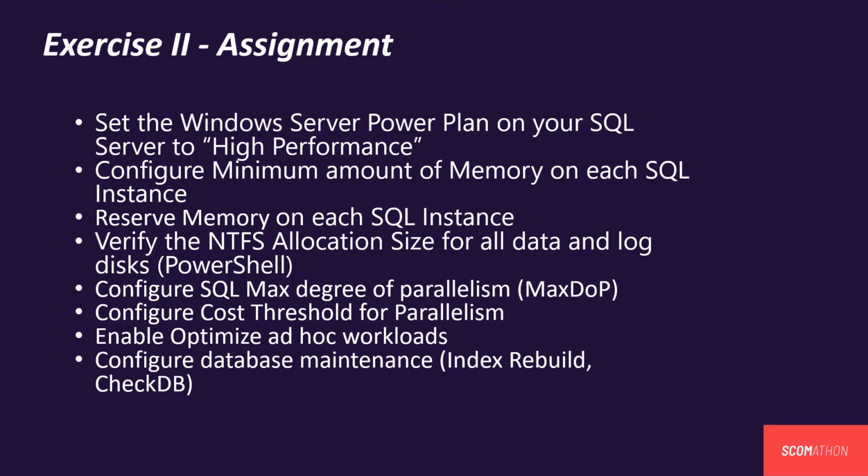You have to configure the minimum amount of memory on each instance, reserve memory on each SQL instance, and also verify that the NTFS allocation size is properly configured for all the disks. The best way would be to use PowerShell. Please also check if the options SQL max degree of parallelism, cost threshold for parallelism, and optimize for ad hoc workloads are properly configured.